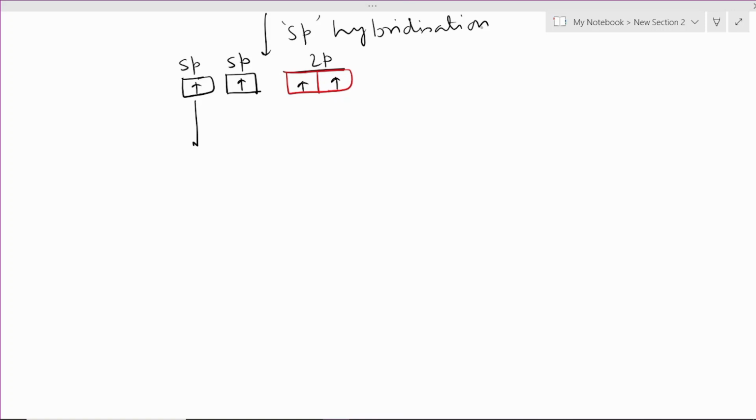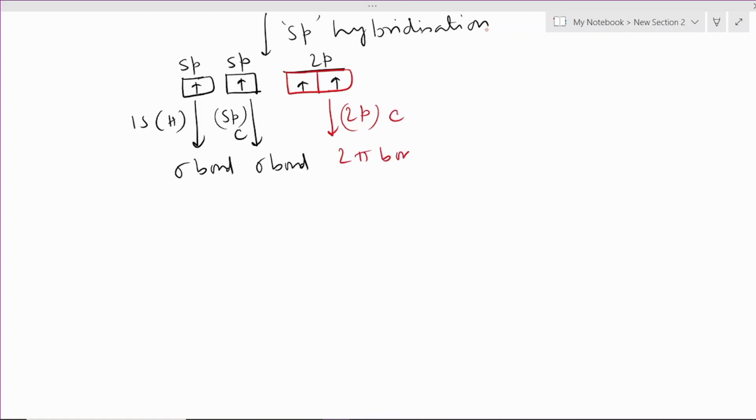Now this sp hybrid orbital overlaps with 1s of hydrogen to give a sigma bond. This overlaps with sp of another carbon to form a sigma bond. These two 2p electrons overlap another two 2p orbitals of another carbon to form two pi bonds.